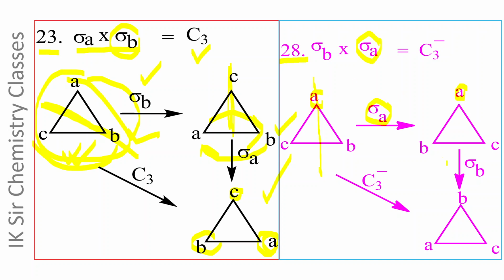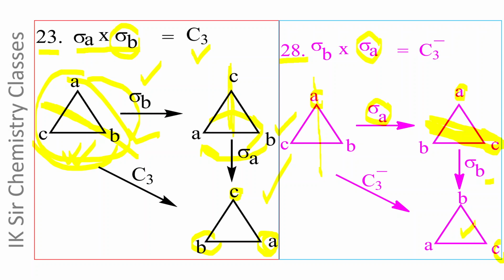Let us now apply the sigma B operation. This is sigma B as in the original figure, and on reflecting through this plane, C will remain unchanged while A and B will exchange their positions.